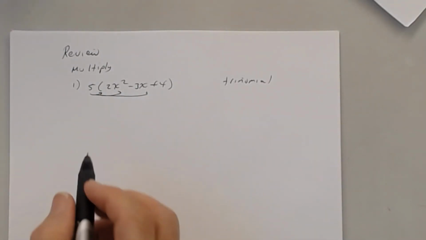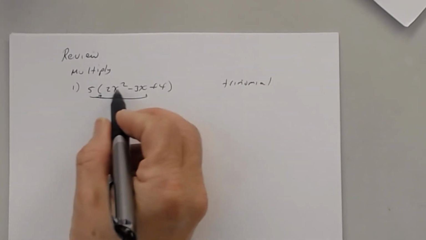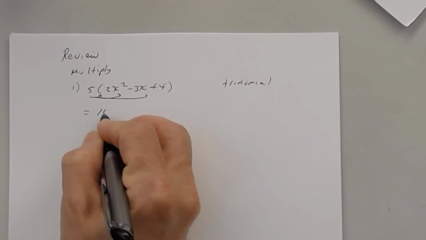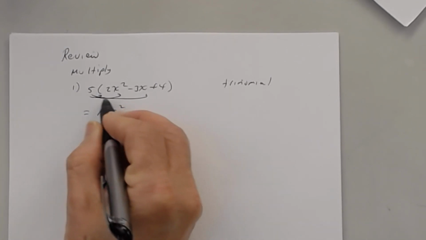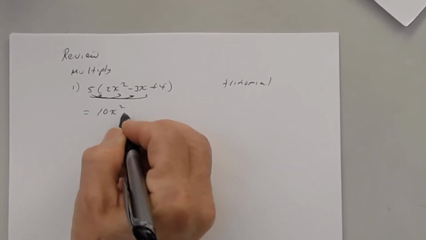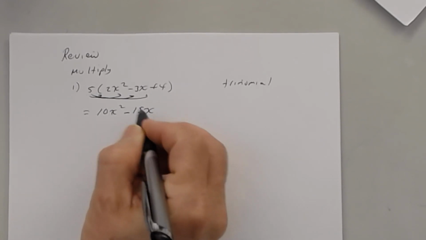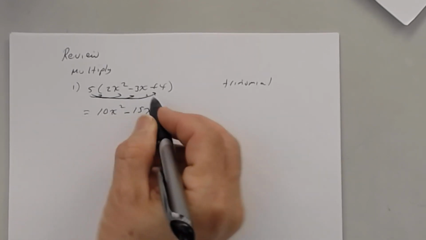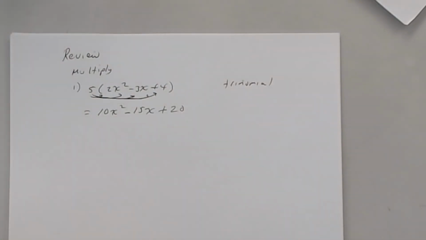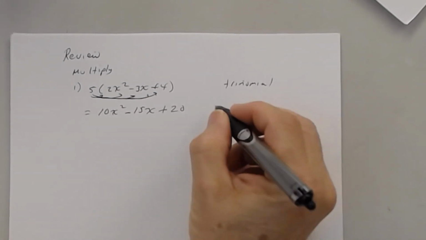Okay? So you would say 5 times 2x squared is 10x squared. 5 times a negative 3x is negative 15x. And then 5 times 4 is positive 20. And we tend to put it in descending order.